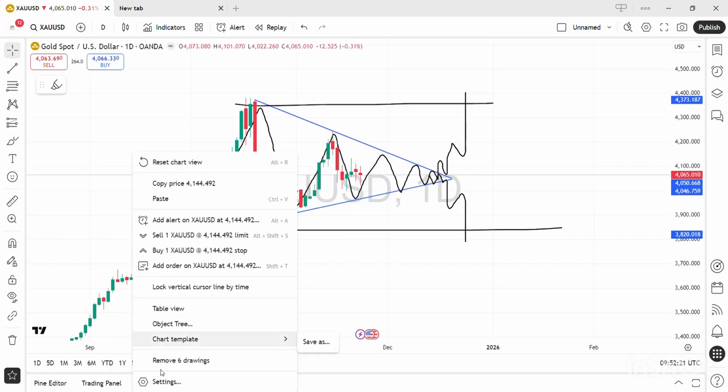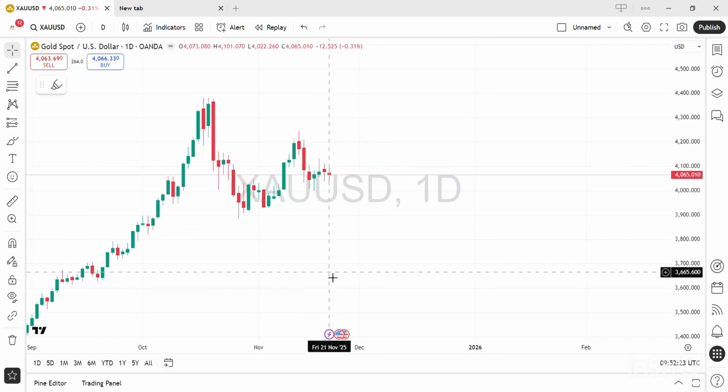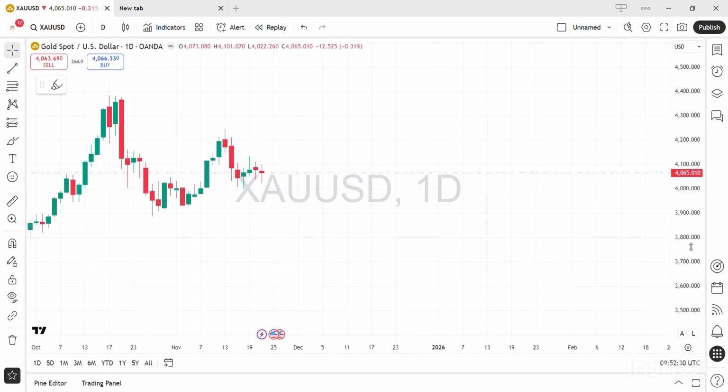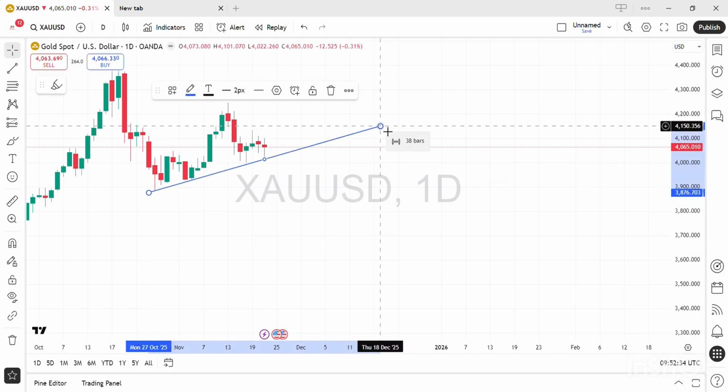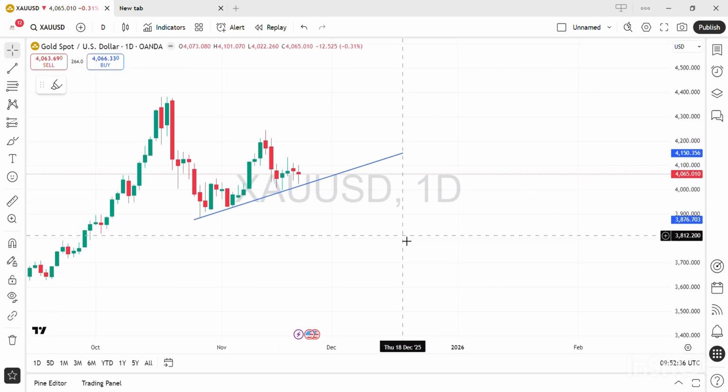So here we have to wait for the triangle pattern. Okay, so this is a triangle pattern. In triangle pattern the prices move along with the triangle.